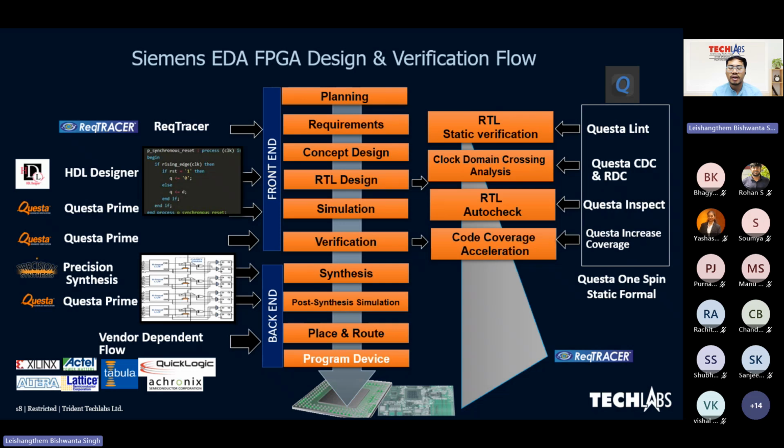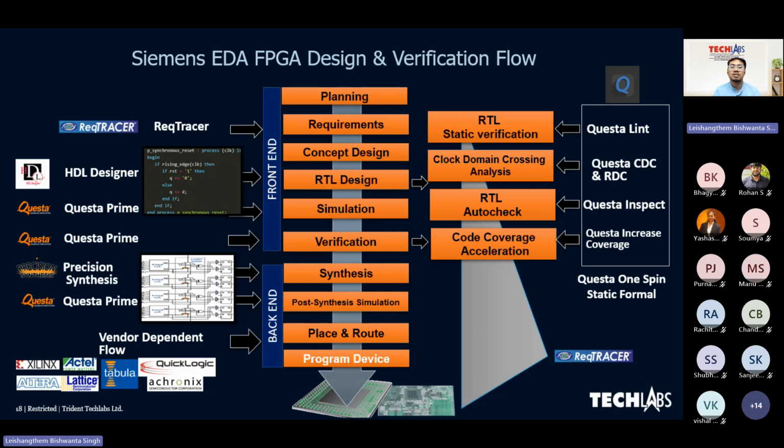To perform that, Siemens has a tool called Questa Lint, which comes with a built-in rule set for DO-254, ISO 26262, and the STAR rule set. You can just load your design in this tool and produce the artifact showing that your RTL design is 100% compliant with the DO-254 guideline.